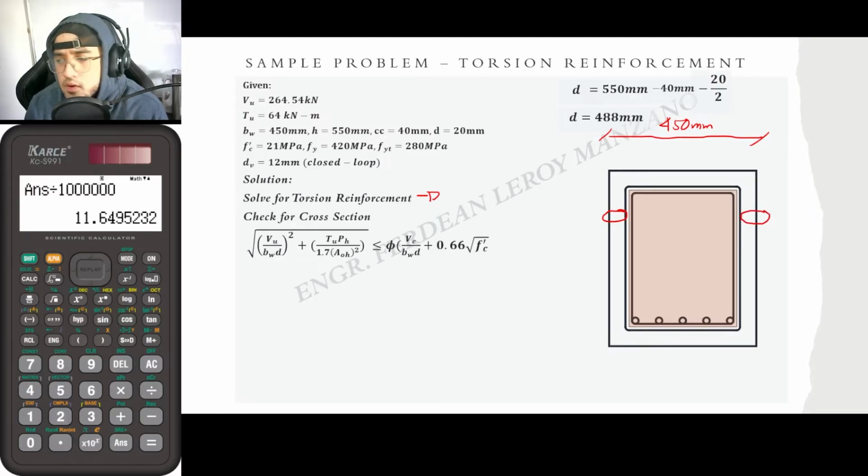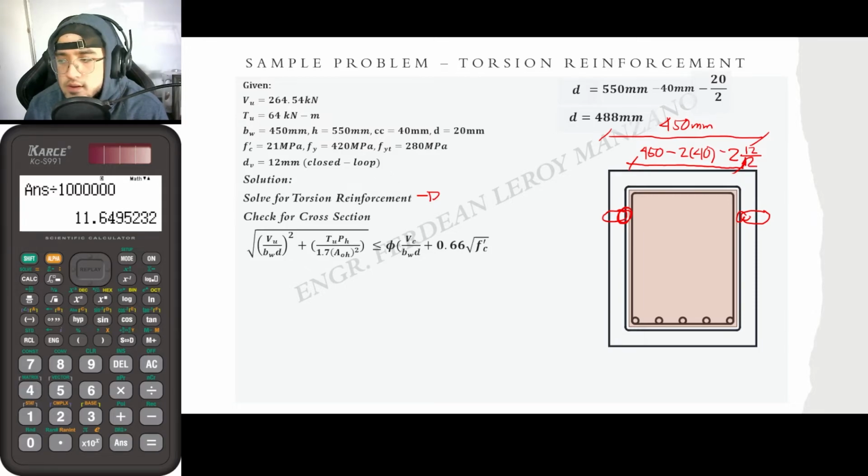Aside from the concrete cover, we would now be subtracting once again half of the diameter of the shear stirrups at both ends. So this particular dimension here is equal to 450 mm minus twice the concrete cover minus twice half of the stirrups.